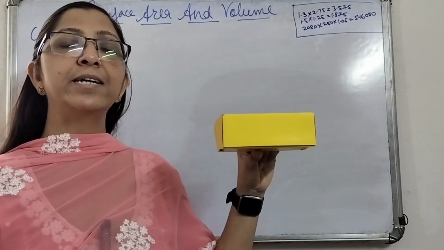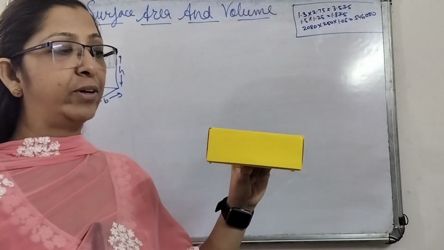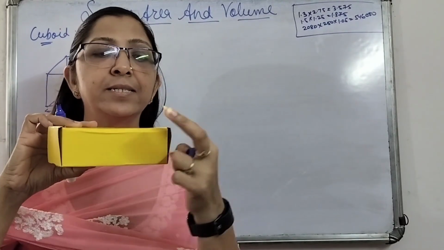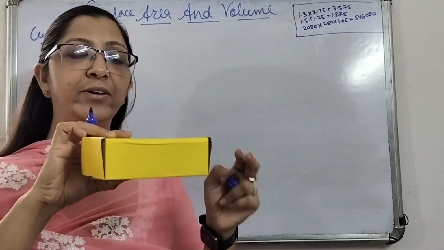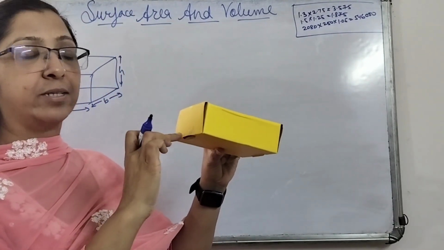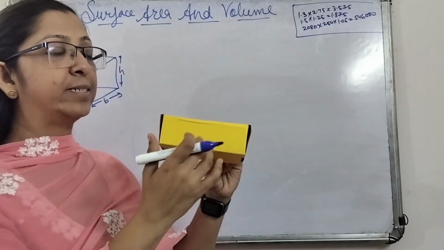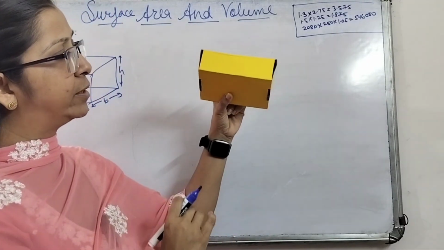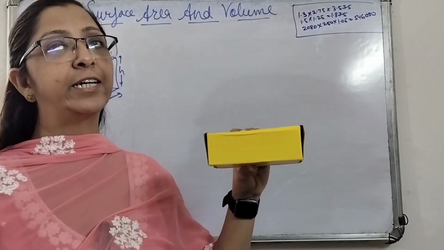It has 1, 2, 3, 4, 5, 6, 7, 8 vertices, and it has 12 edges. 12 edges, 8 vertices, and 6 faces. We can see that all these 6 faces are rectangular in shape.